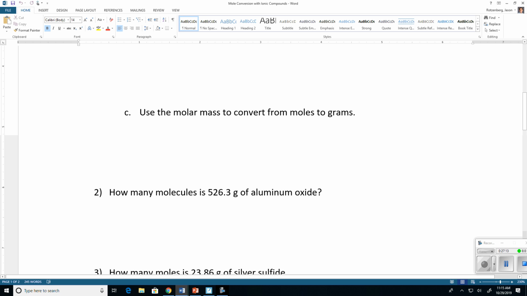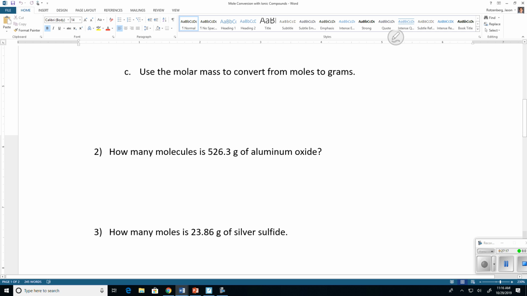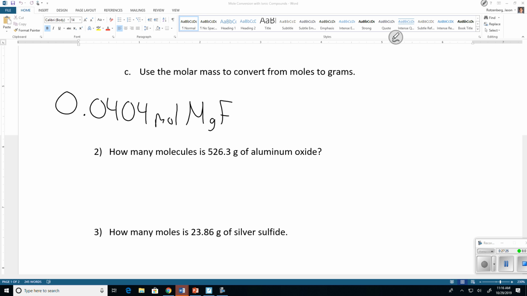Part C says use the molar mass to convert moles to grams. If you recall, we had 0.040 moles of our magnesium fluoride. If I want to convert to grams, grams is on the top of my conversion. What's the number that I put in front of the word mole? 1, every single time.